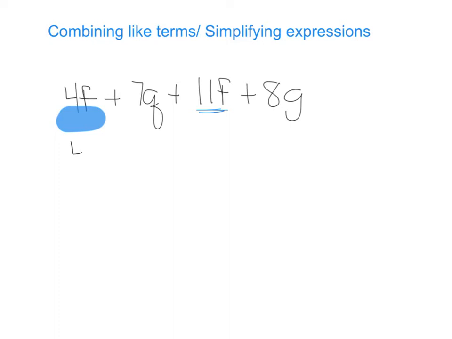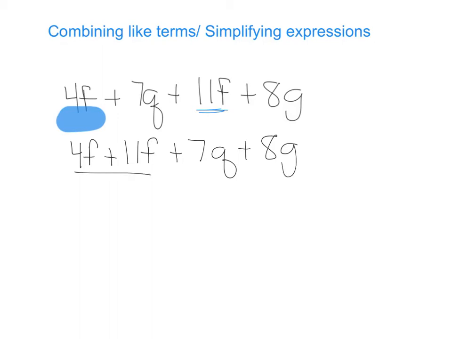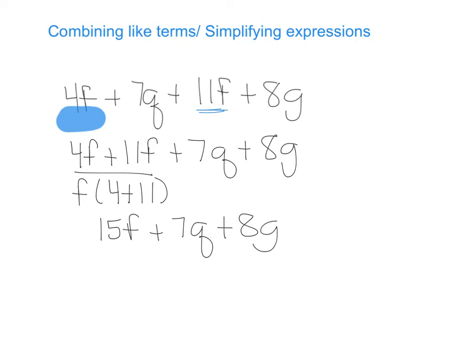So I can use the commutative property because this is all addition to rearrange my 4 terms so that I can put the 4f and 11f together so that I can combine them. We talked about in class that you can factor out the f, and that would leave you with just the 4 and the 11 so that we can find the sum. So 4 plus 11 would give me 15, and that would be 15 times f plus 7q plus 8g.